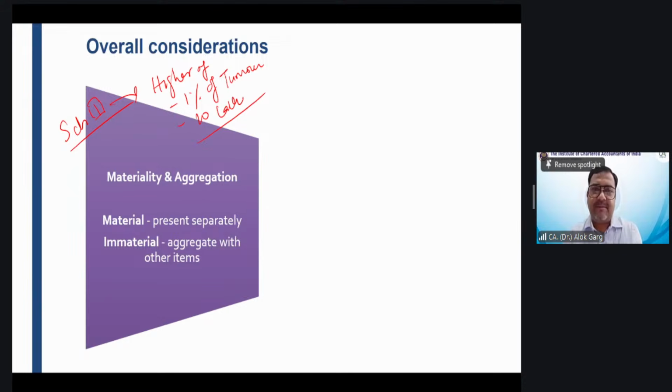Means, for example, the 1% of the revenue comes out at, let's say, 20 lakhs. And 20 lakhs and 10 lakhs, which is higher? 20 lakh is higher, right? So last year, my printing and stationery expenses was 7 lakh.